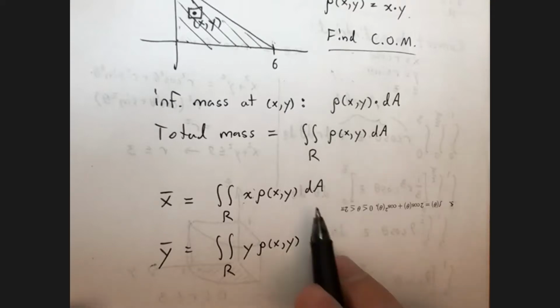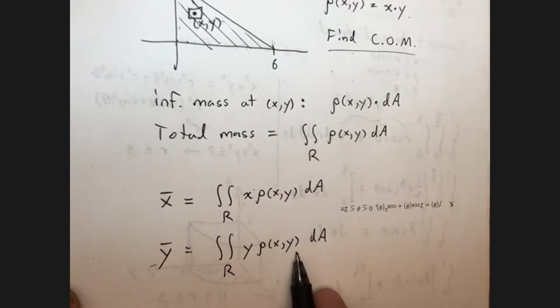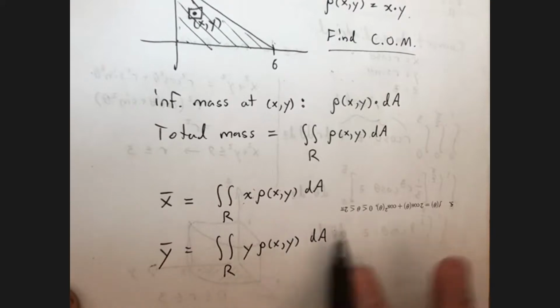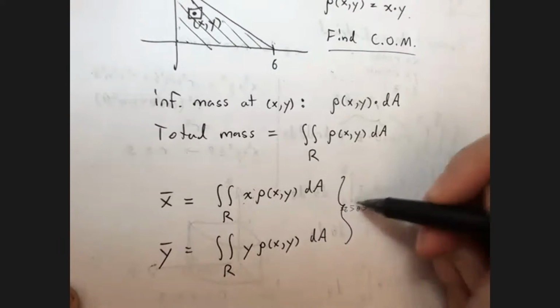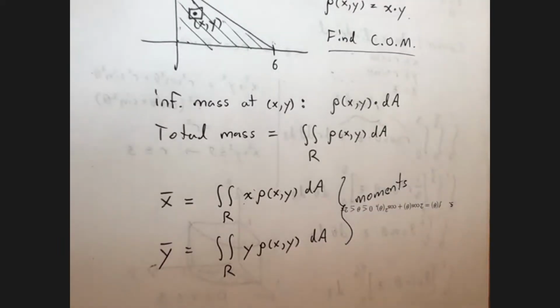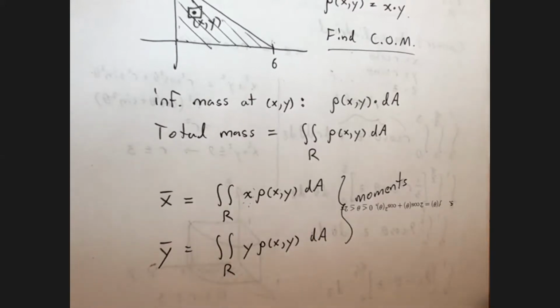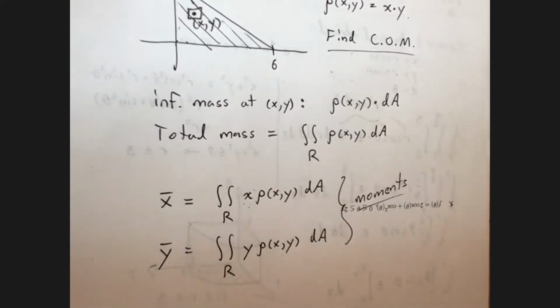They actually call this the y moment and this the x moment, which I find very confusing. So I'm not even going to write that down. I'm just going to say that these are the moments, because I always get those mixed up.